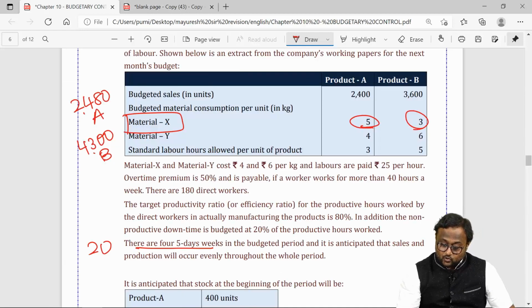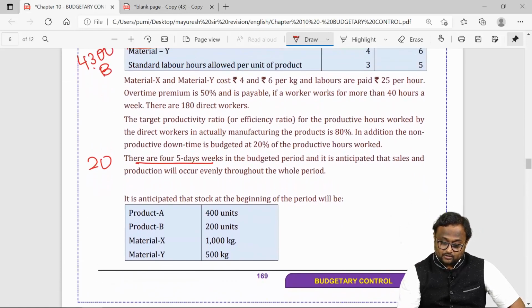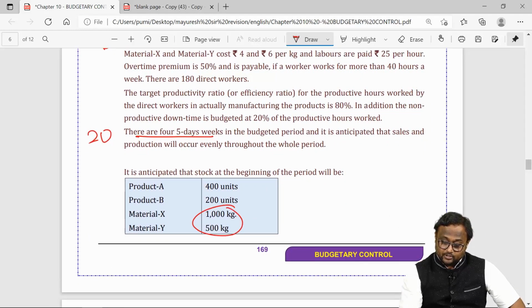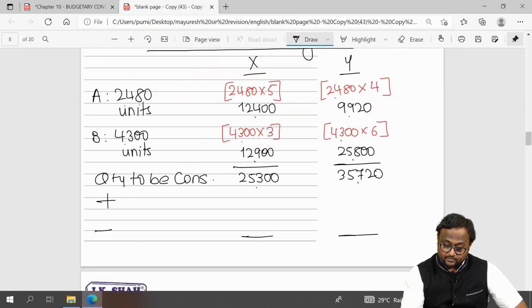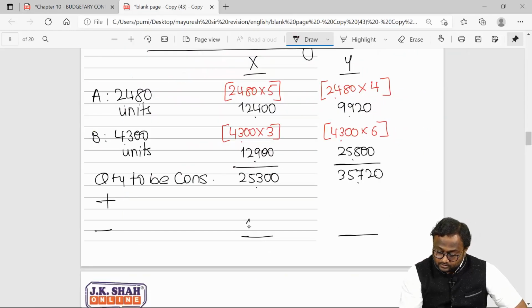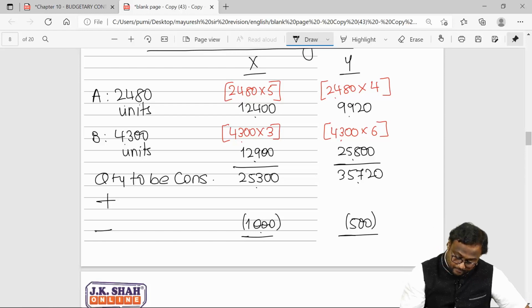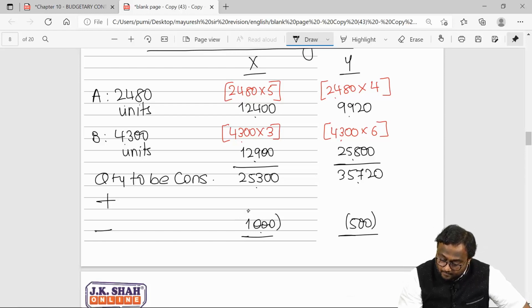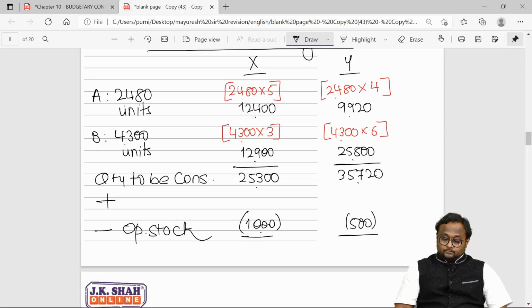Now, as far as closing stock and opening stock is concerned, closing stock and opening stock are available: 1000 and 500. Correct?